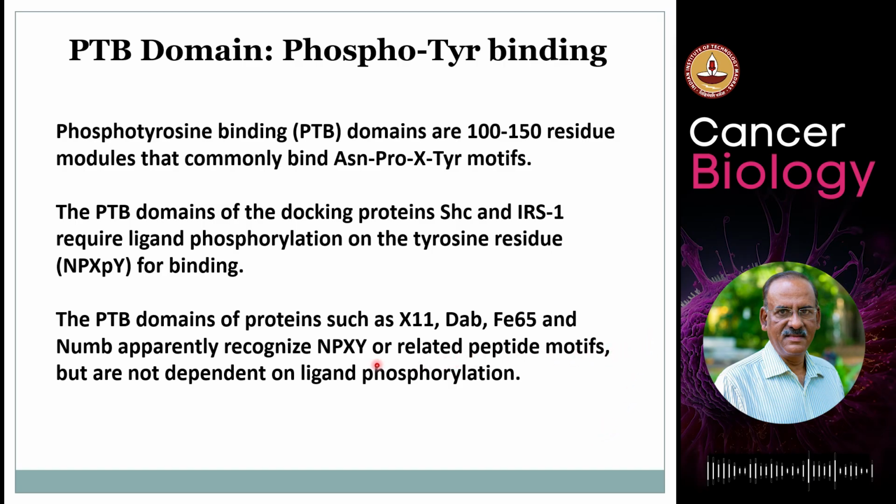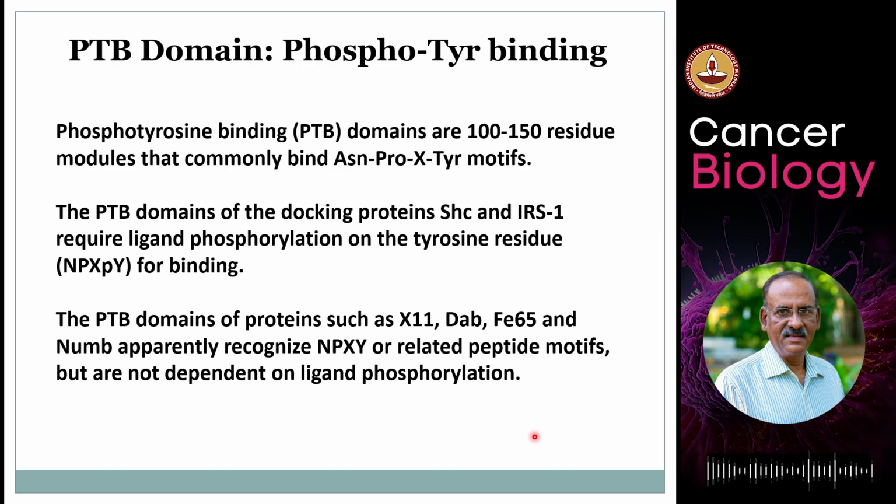The PTB domains such as X11, DAB, FE65 and Numb apparently recognize the so-called motif NPXY or related peptide motifs, but they are not dependent on ligand phosphorylation. Why this sentence is given here is because don't think it is always dependent on ligand phosphorylation. Usually it is dependent on ligand phosphorylation.